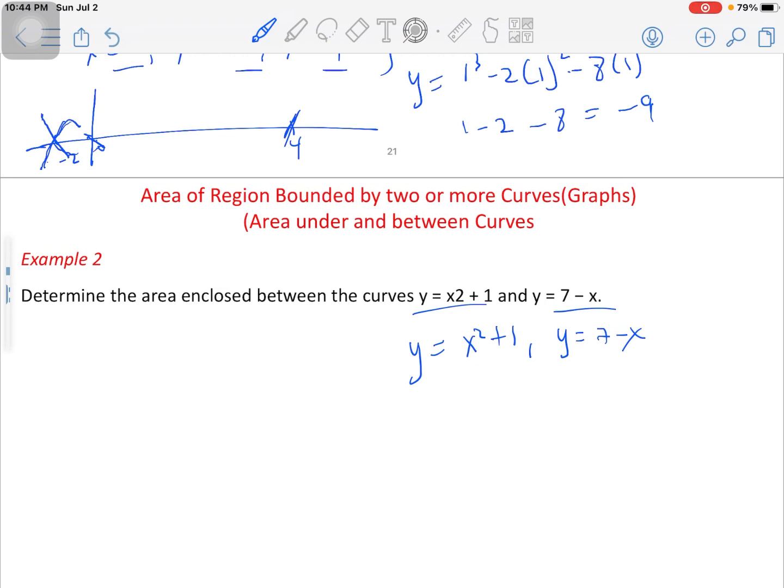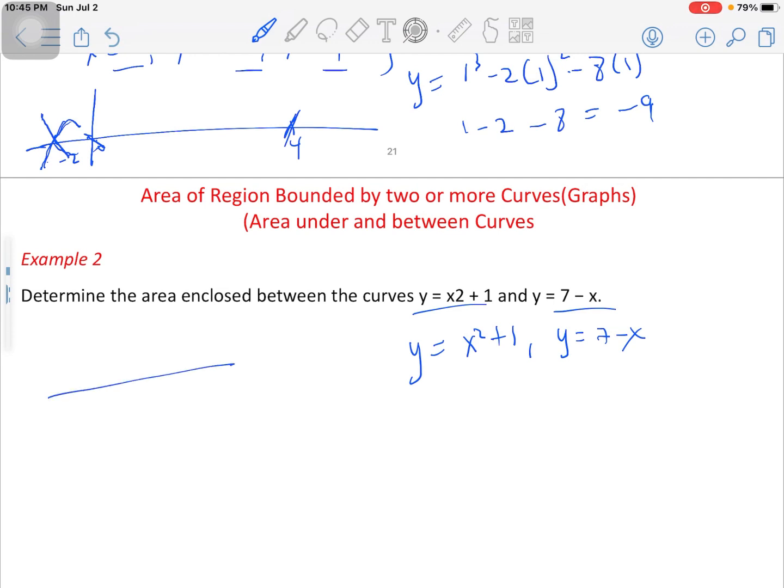So these are the two functions for which we should find the area enclosed between the two curves. As I said, because we are supposed to find an enclosed area between two curves, it means that these two functions are supposed to meet at 2 points before we can know that they are enclosed.